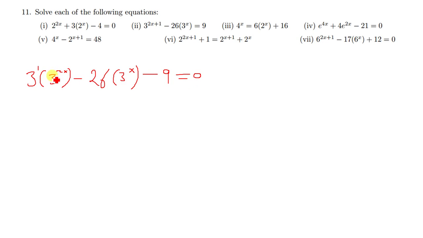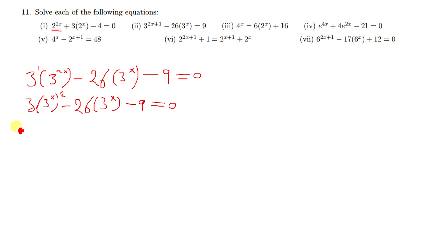So this part again takes us back to something similar. We can write this 3 to the power 2x as 3 times 3 to the power x in brackets, squared, minus 26 times 3 to the power x, minus 9 being equal to 0.